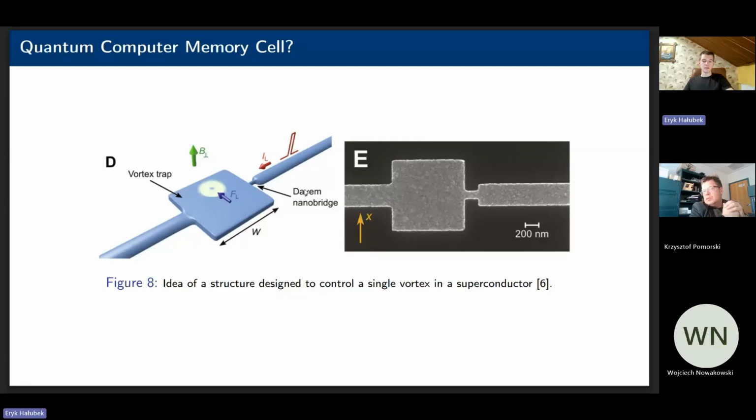So in our group there is some kind of idea that this can be used as a quantum computer memory cell, and this is what got me interested in these studies.